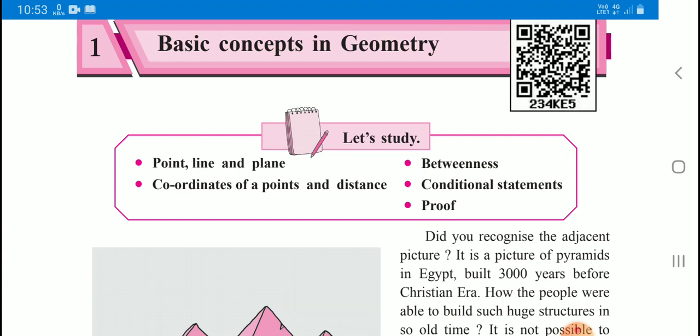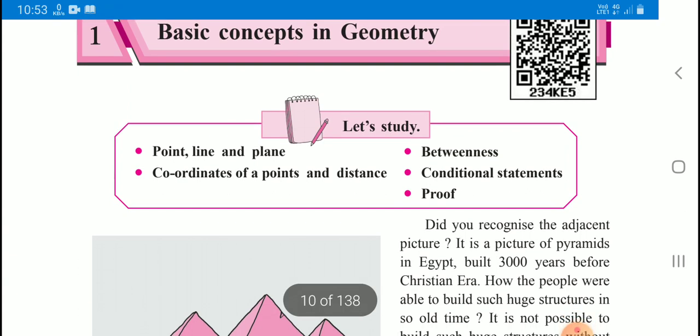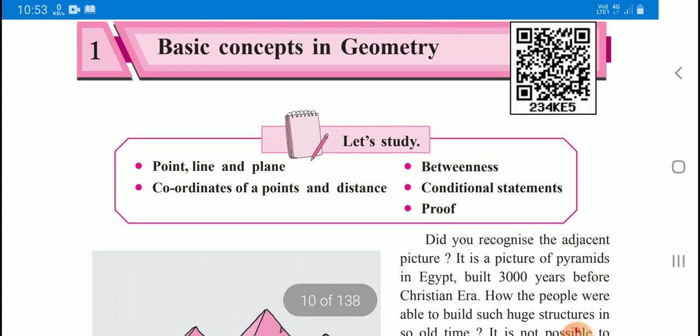In short, we can say that geometry means measurement of earth. We are not actually measuring the earth here, but we are measuring the objects on the earth. So, geometry is related with measurement.